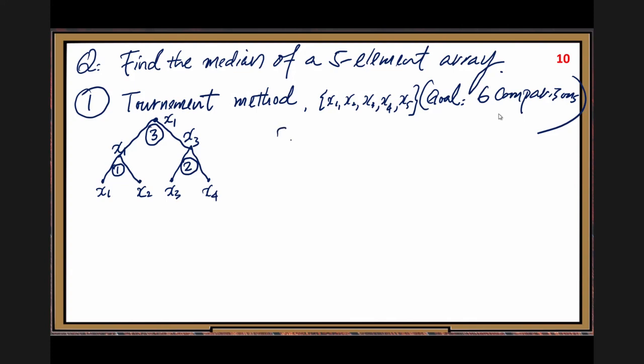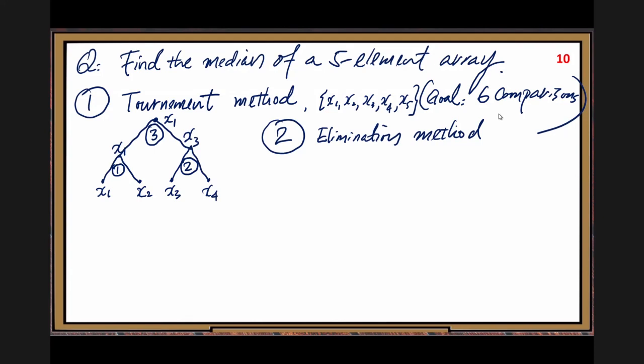Step 2 is the elimination method. The idea is, can we use the information collected from the first step to help us eliminate some of the elements from consideration in the second step?